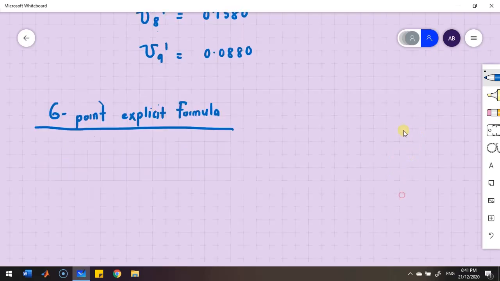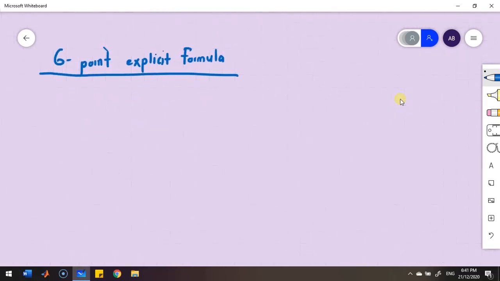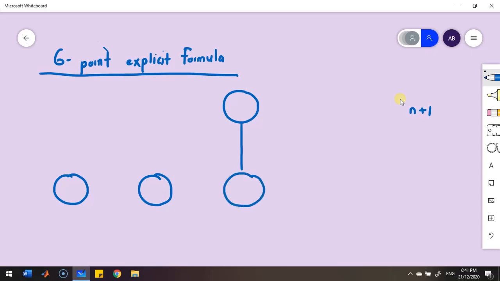It's 6 points, so you must have 6 points. If this is 1 point here, this 1 point is for n plus 1, one level up, and you must have 5 points here: 1, 2, 3, 4, 5. This is at level n.